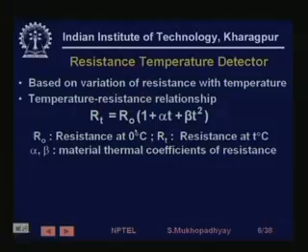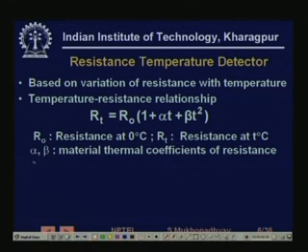If the resistance at some temperature T0, in this case assumed to be 0 degree centigrade, is R0, and small t is the temperature difference from the temperature at which you want to know the resistance, say capital T, then this is a generalized form, where the special case has R0 at 0 degree centigrade.